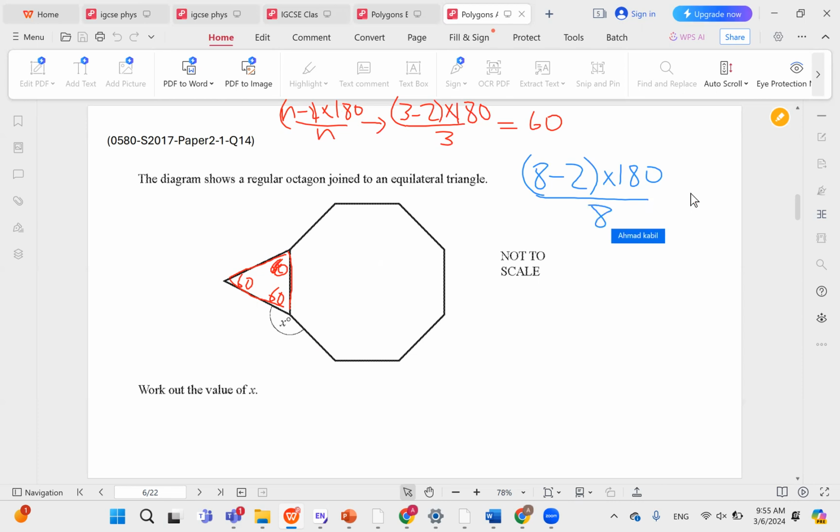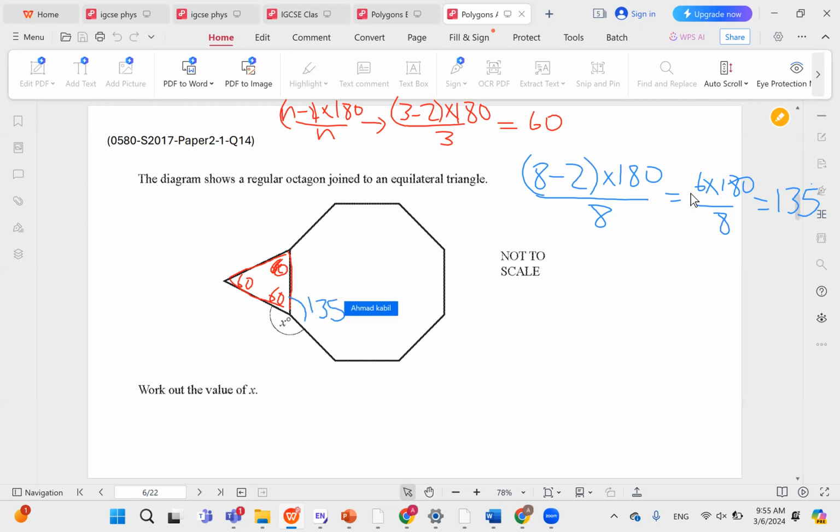And that gives us one interior angle in an octagon. So you have 6 times 180 over 8. And you can get this as 135. So the angle inside the octagon is 135.